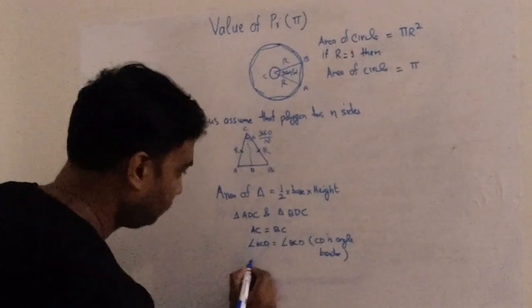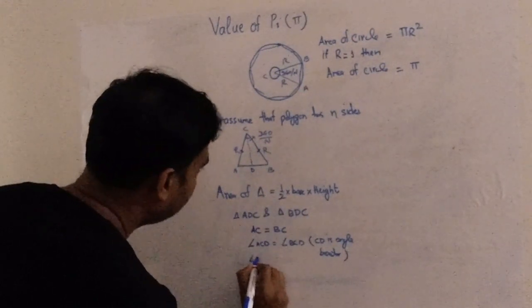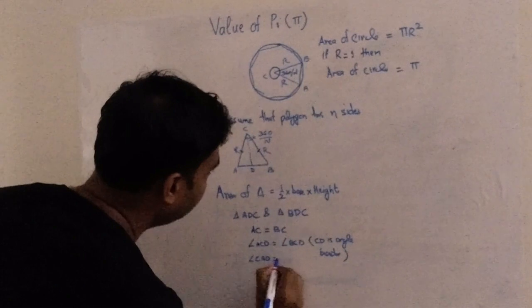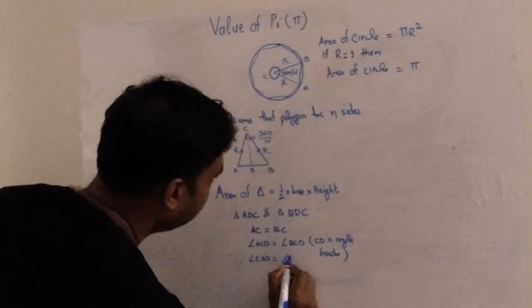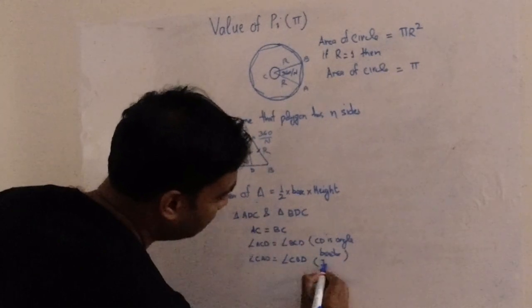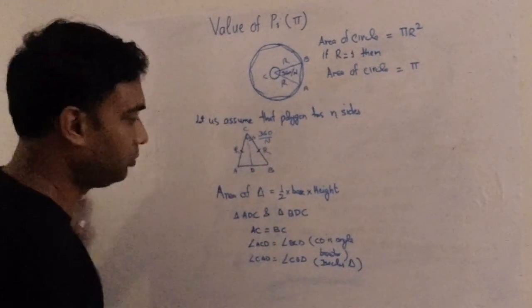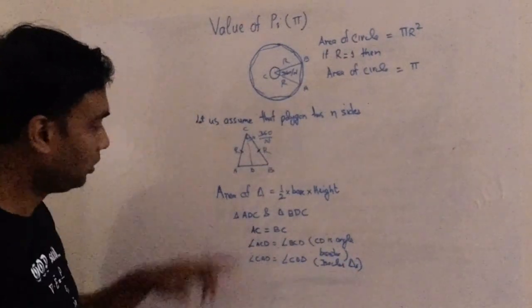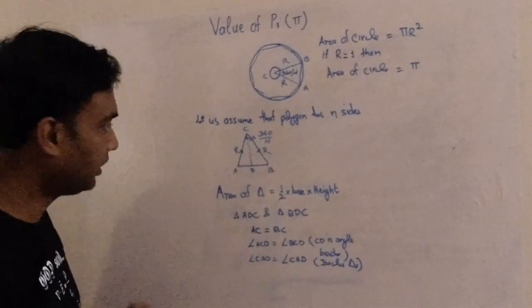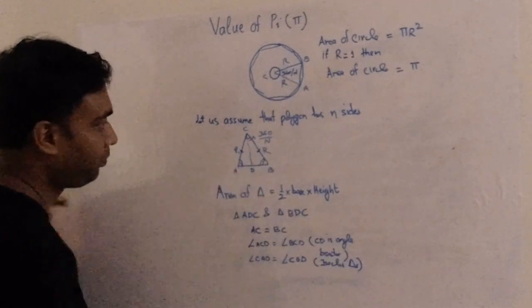And angle CAD is equal to angle CBD, because triangle ABC is an isosceles triangle, so this angle is equal to this angle.